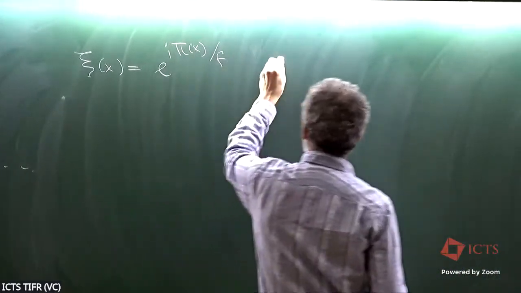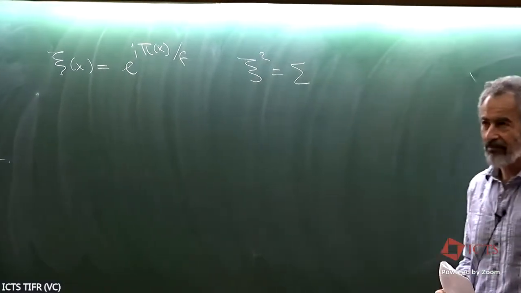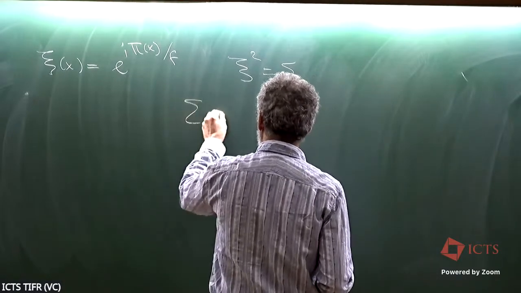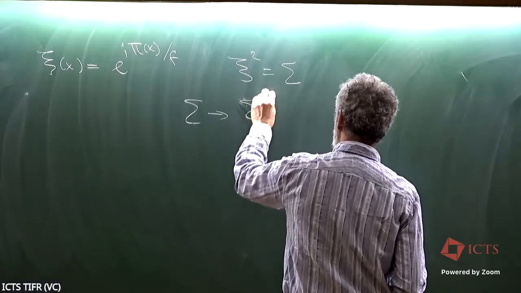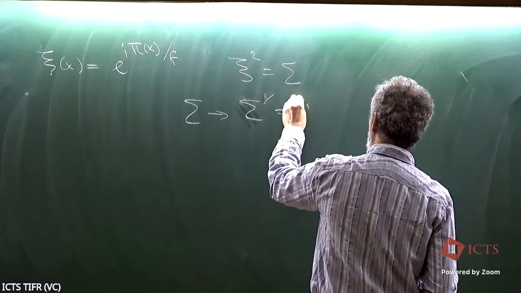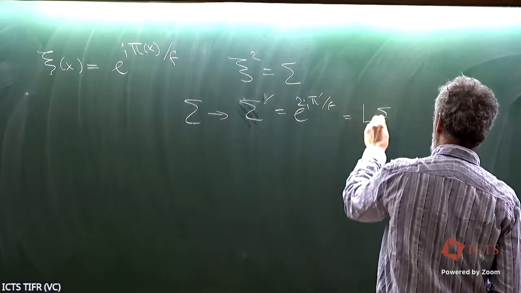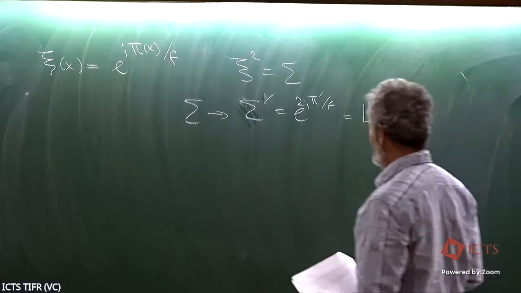So xi squared is equal to sigma. Now, sigma goes to L sigma prime, which is e to the 2i pi prime over f, which is equal to L sigma R dagger. How does xi transform?